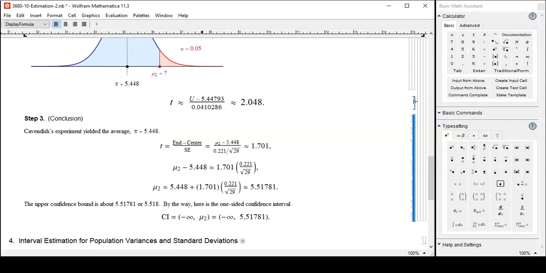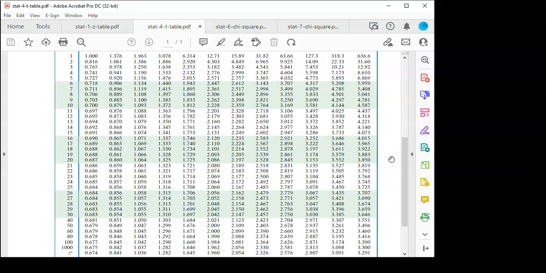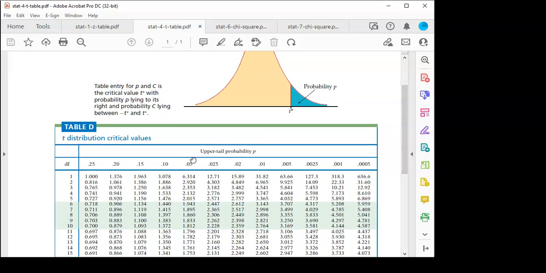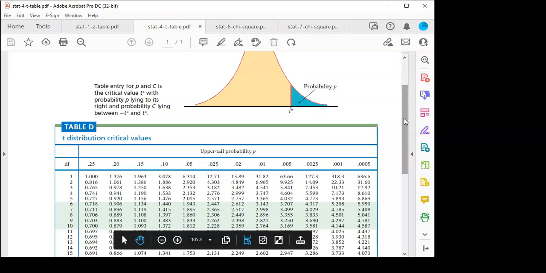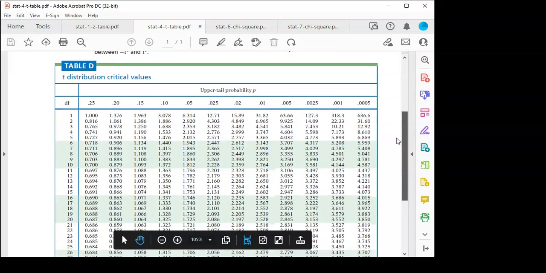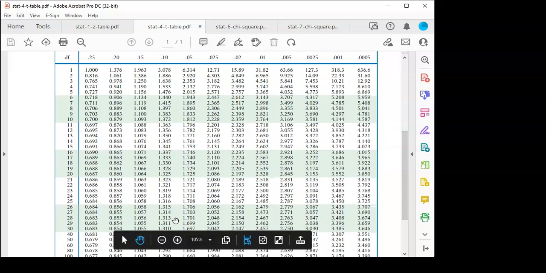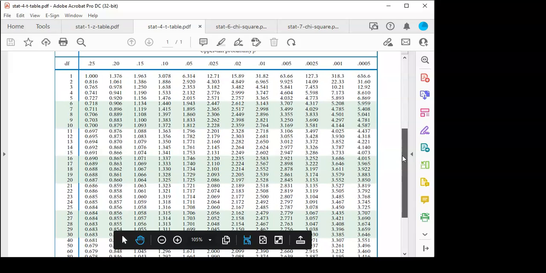Oh, wait a minute. Let's look up the t-table. I must have looked up a wrong column. The 5% column is here. And for degree of freedom of 28, yes, it's 1.701.